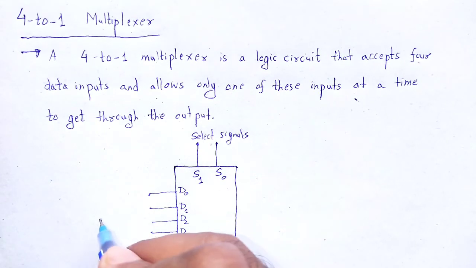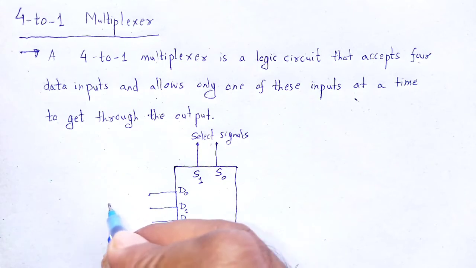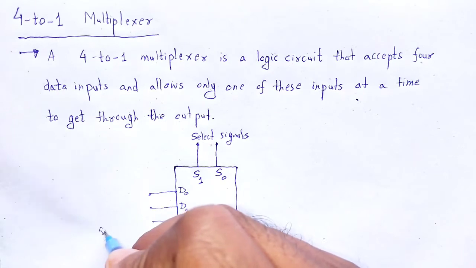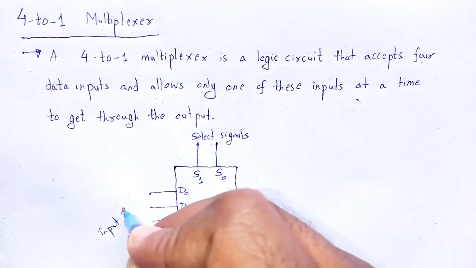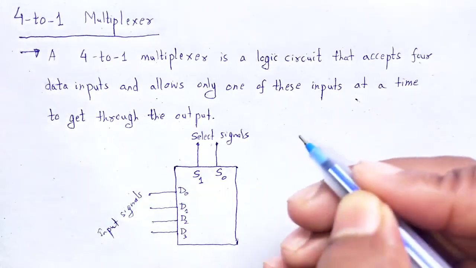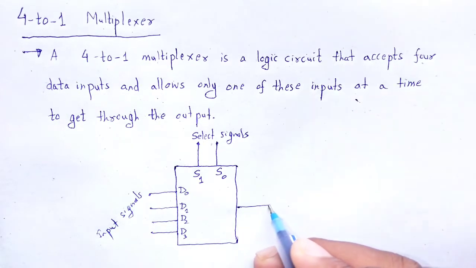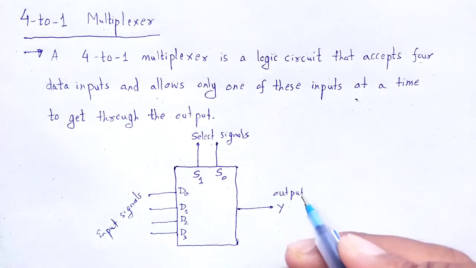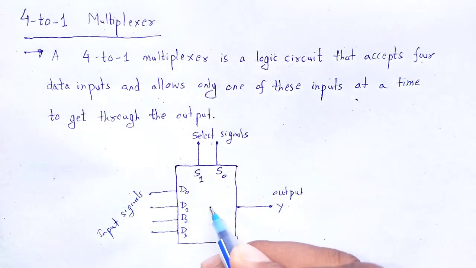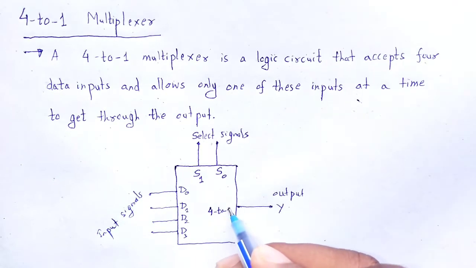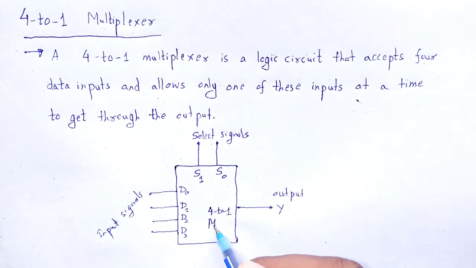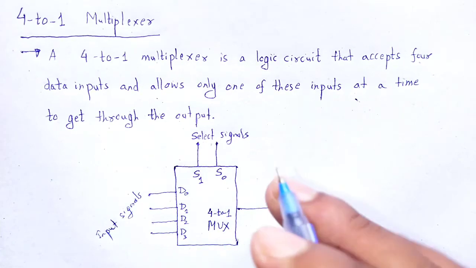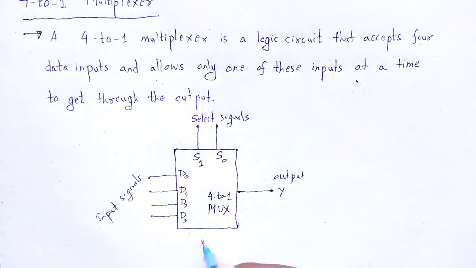These are the input signals. And output Y as output. That is a 4 to 1 multiplexer MUX. This one is the block diagram.